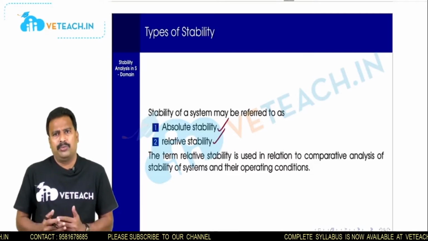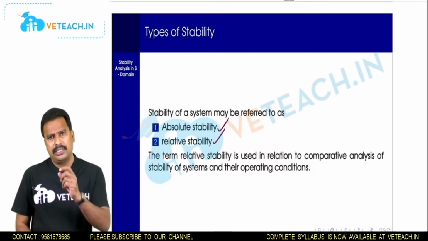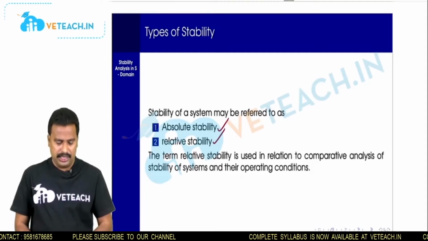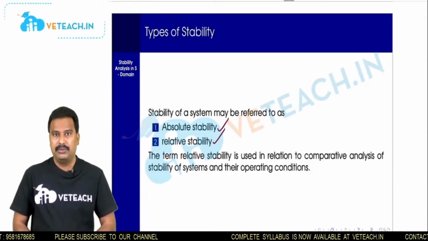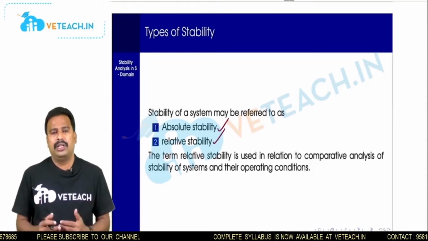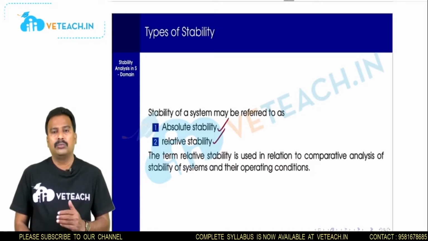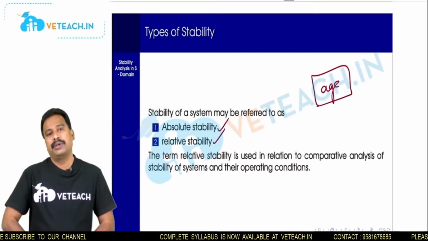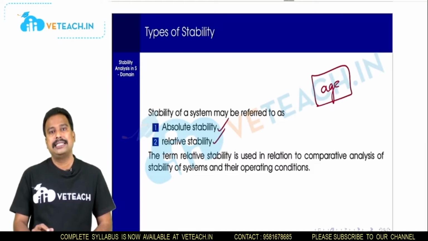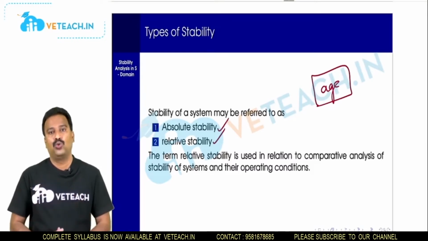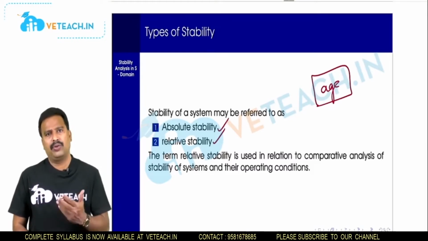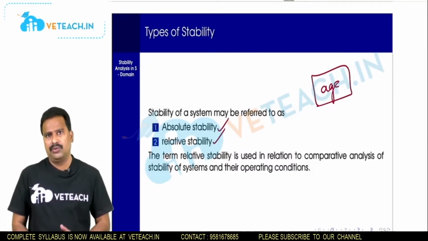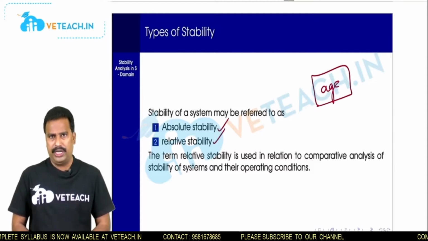Suppose you take a simple example for the concept of relative stability. We have some people in our family. For example, age. You take your age as an example. Age is an absolute quantity.